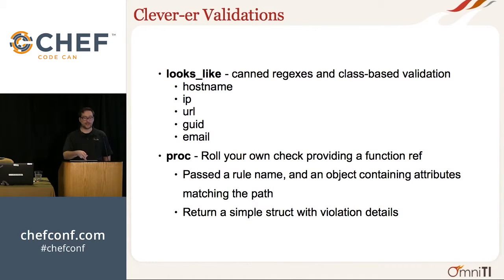So using these two things together, you could have something that says this attribute should be a URL, and then you can implement a proc that says if I hit that URL, I should get a 200 back. So if you wanted to do that, you could. If you want to have that happen every time your node converges, you can do that. Your choice, man. I don't know.